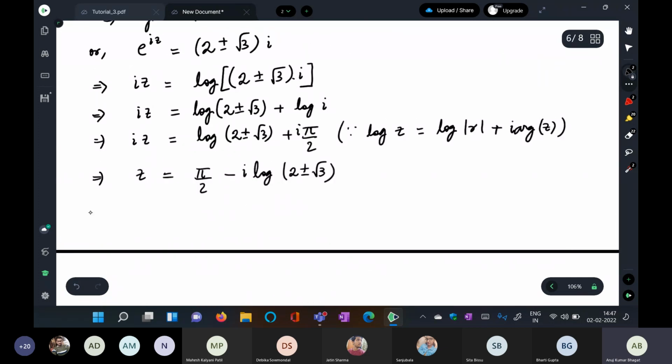But you know that since sine is periodic, sin z is the same as sin of z plus 2n pi, where n is an integer.